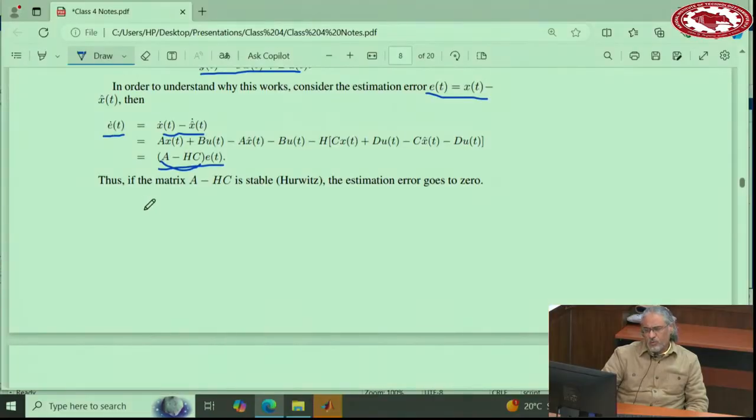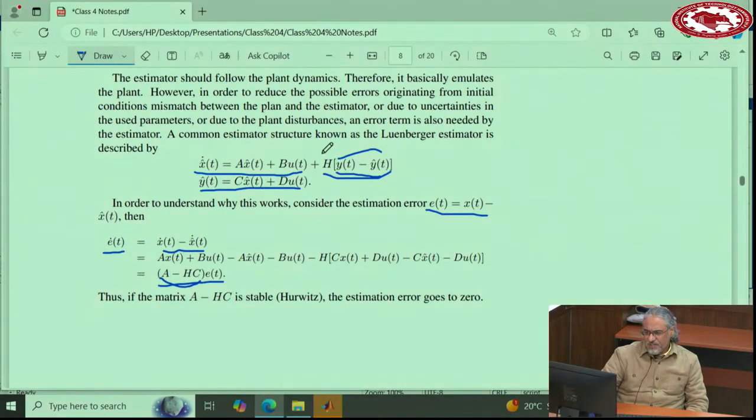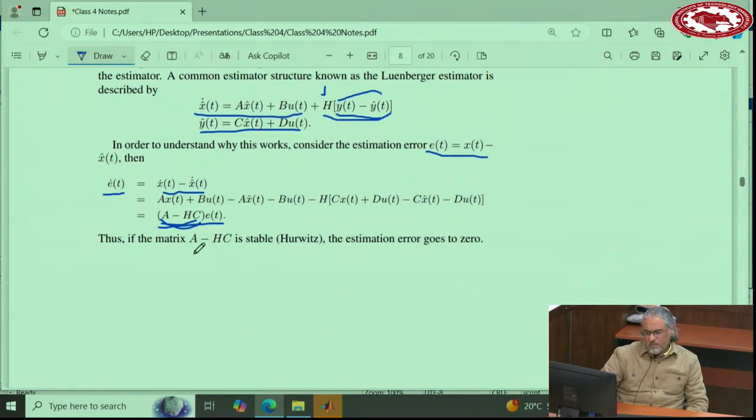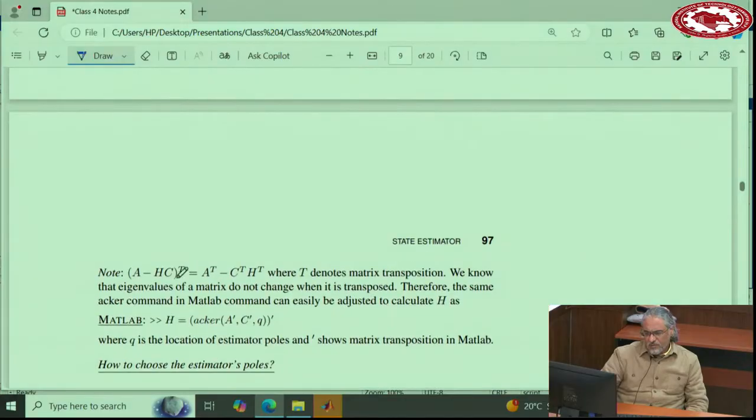Now, in other words, you need only to design this H such that the eigenvalues of A minus HC are stable or sufficiently fast. How to do that? Eigenvalues of A minus HC and eigenvalues of A minus HC transpose are equal, because when you transpose a matrix, its eigenvalues do not change. If you transpose this one, it becomes A transpose minus C transpose H transpose.